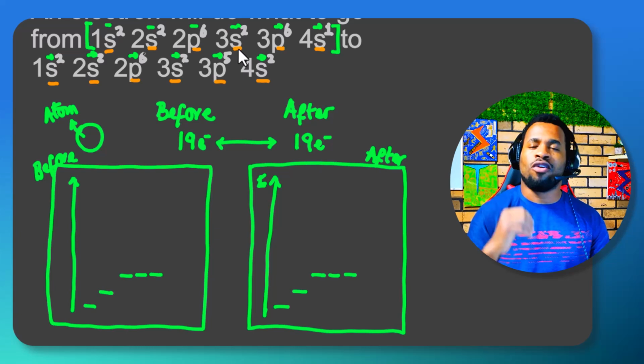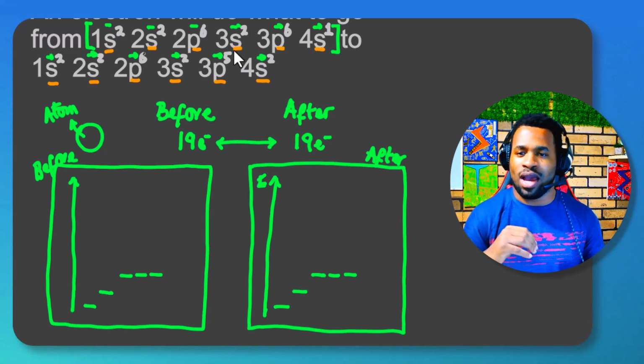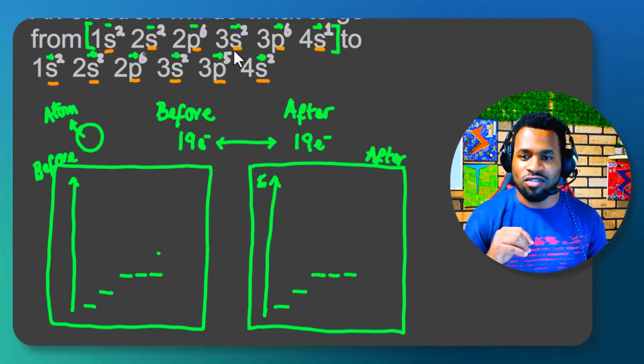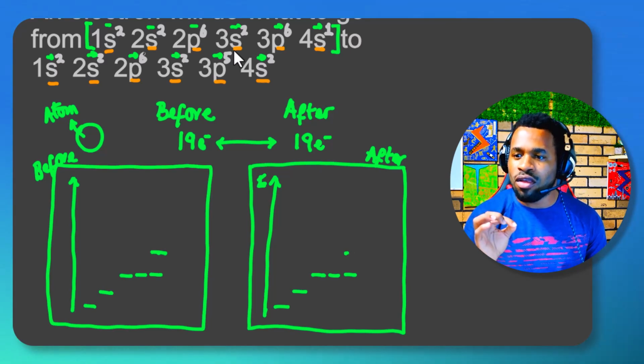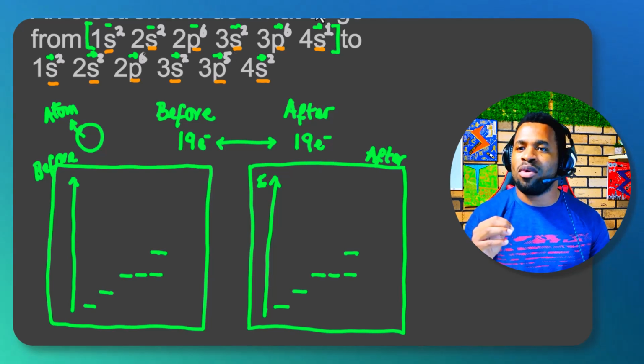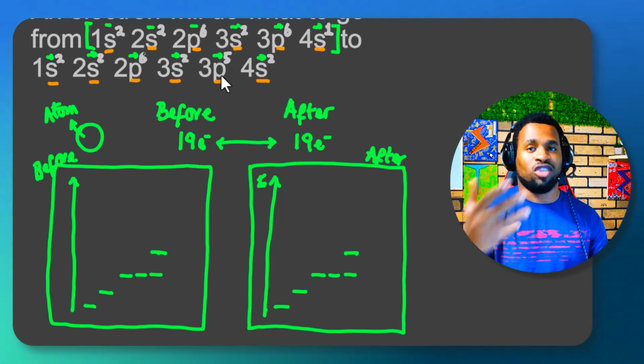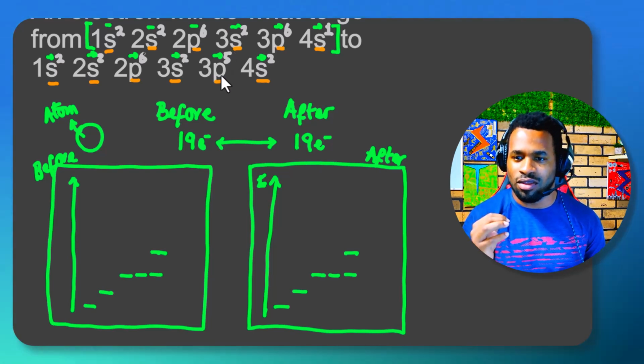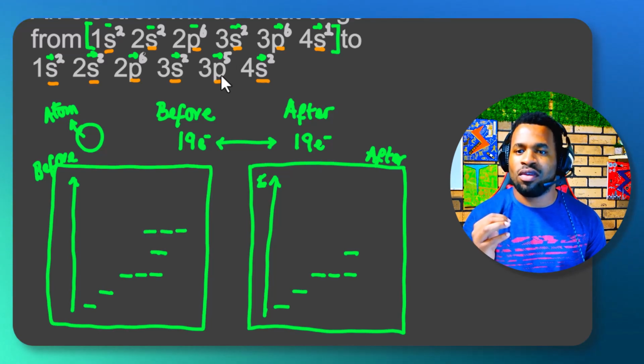Then for our 3s, we have just 1 orbital. There is no degeneracy for the 3s, or any s orbital. But when we go to our p orbitals, we have degeneracy, which is the 3 orbitals represented right there.